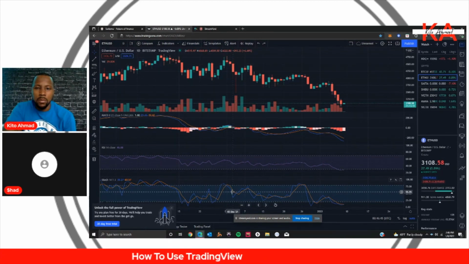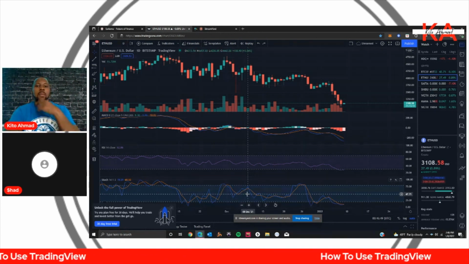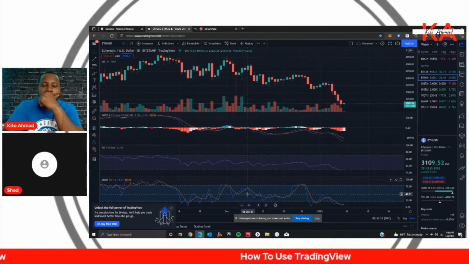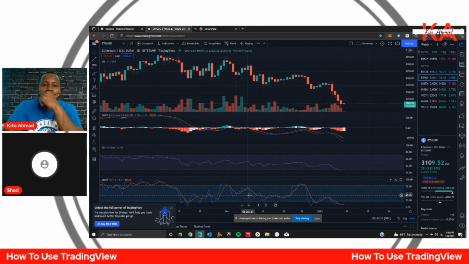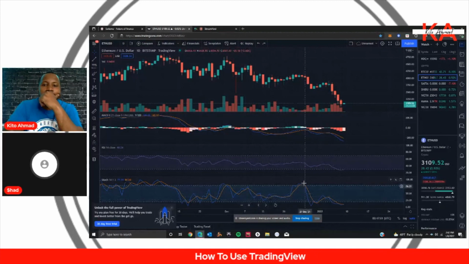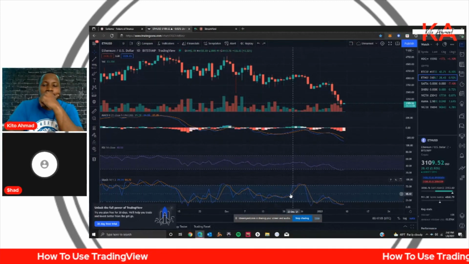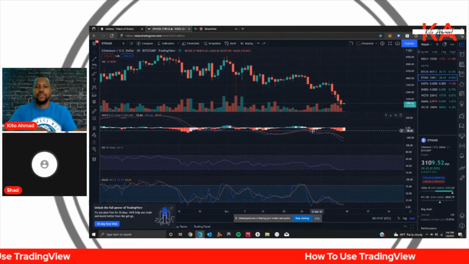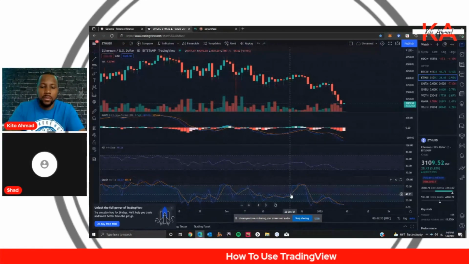You're looking at something, that object has not changed, but you see more detail with it, right? So whether it's a fly under a microscope, looking at it from a distance, you might be seeing it like this, but if you zoom in, this may become more clearly defined for you. So you want to take that same strategy from the MACD, apply it to the stochastic.